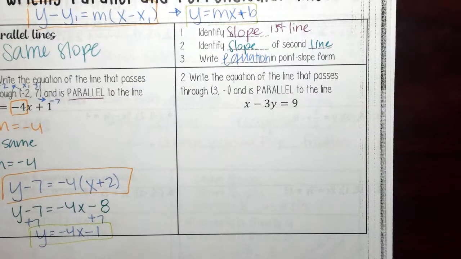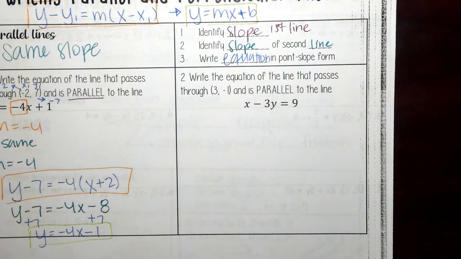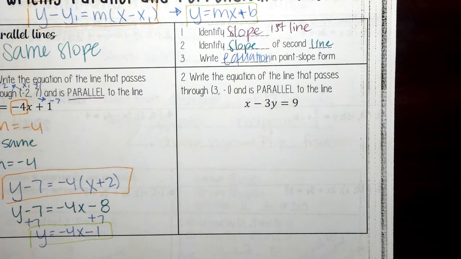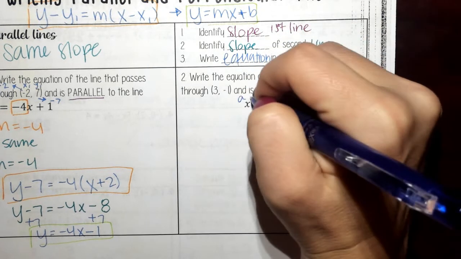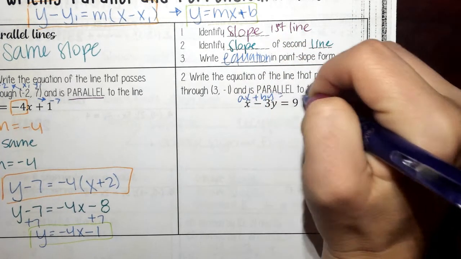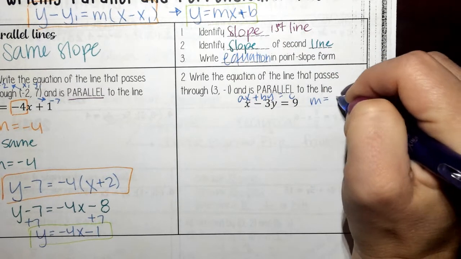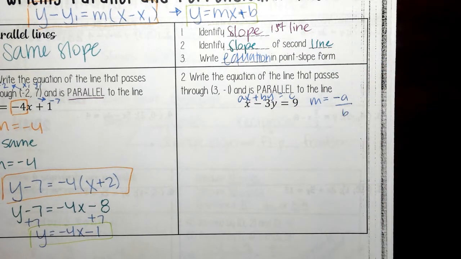Another example you might see, same kind of question: write the equation of the line that passes through this point and is parallel to the line here. This is our standard form. Remember, this is ax plus by equals c, and our slope in standard form is opposite of a over b.